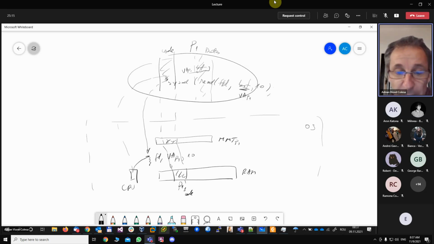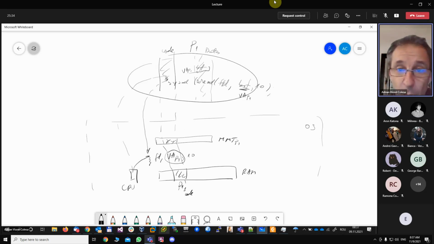The operating system will identify the file, read the 10 bytes from the current position, and must store them in process one's buffer. It could use that address as it is, because of the reasons I told you, because the OS is also mapped here.